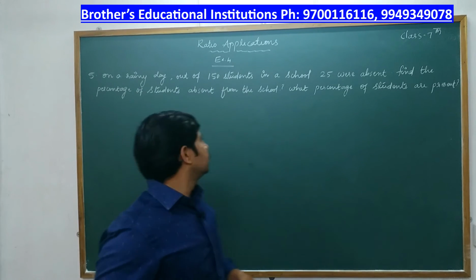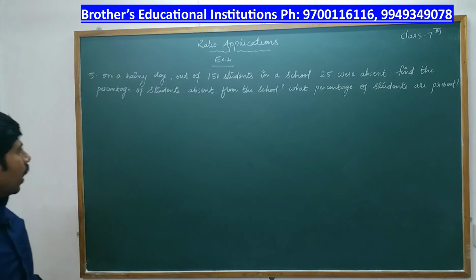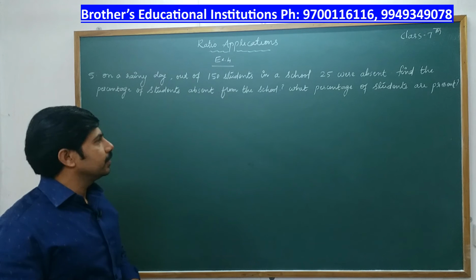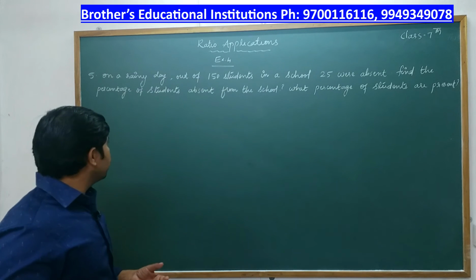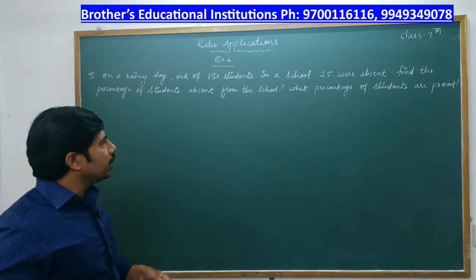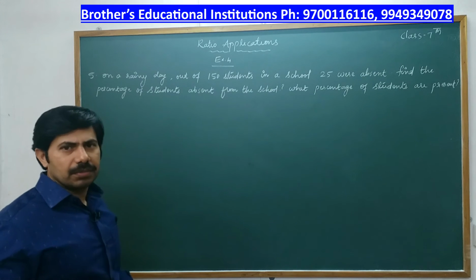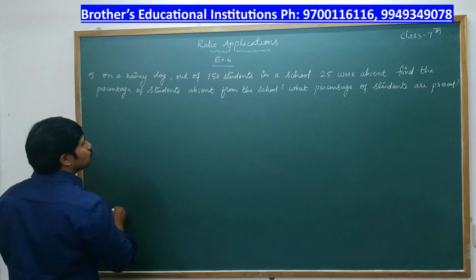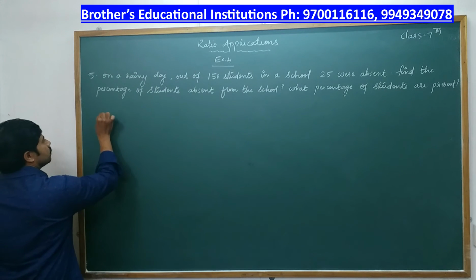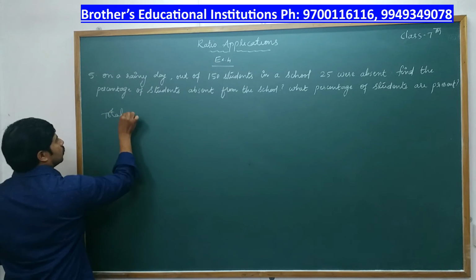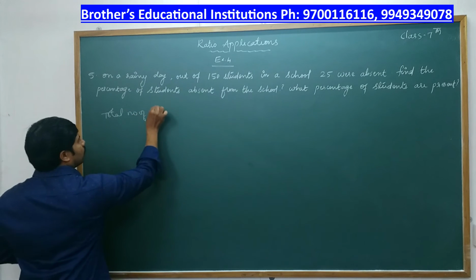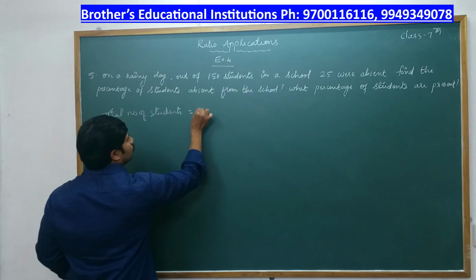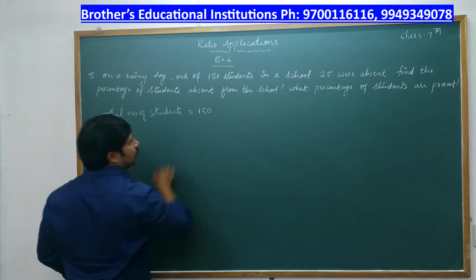Next problem. On a rainy day, out of 150 students in a school, 25 were absent. Find the percentage of students absent from the school and the percentage of students present. Both we have to find, absent and present. So first, the total number of students we write. Total number of students is equal to 150, right?